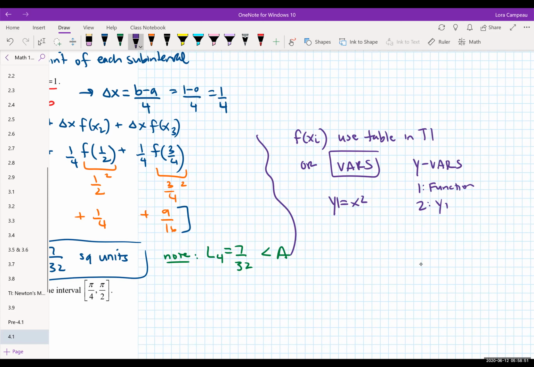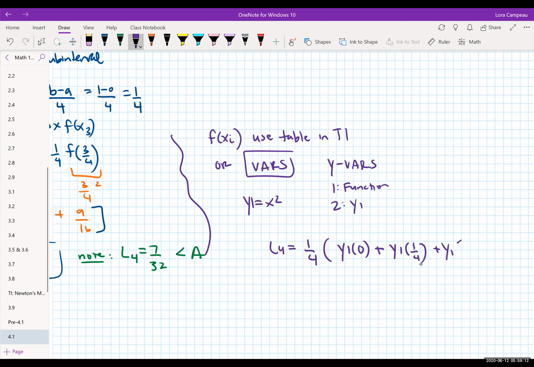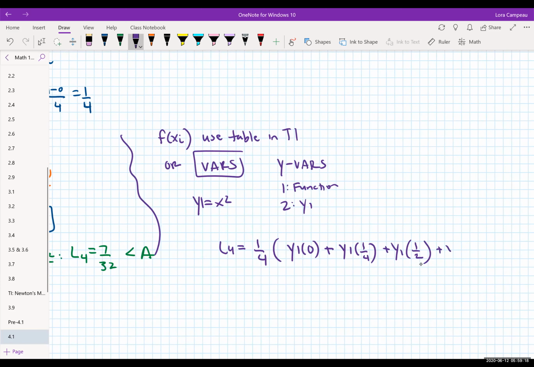So what would that look like once you have everything set up? I don't know if you're interested, my L4 would equal, I factor the 1/4 out, make my life a little easier. So that would be y1 evaluated at 0 plus y1 evaluated at 1/4 plus y1 evaluated at 1/2 plus y1 evaluated at 3/4.